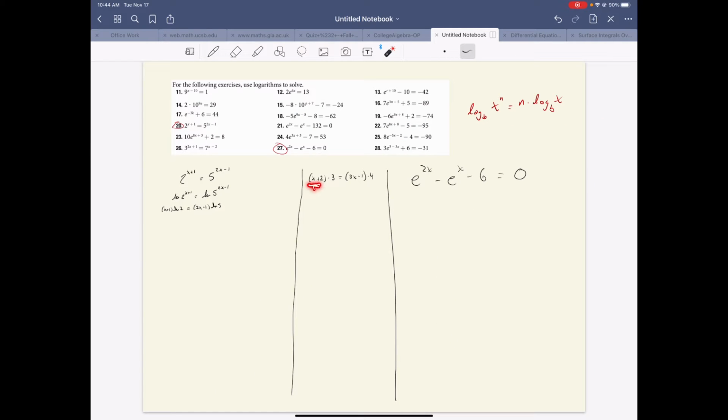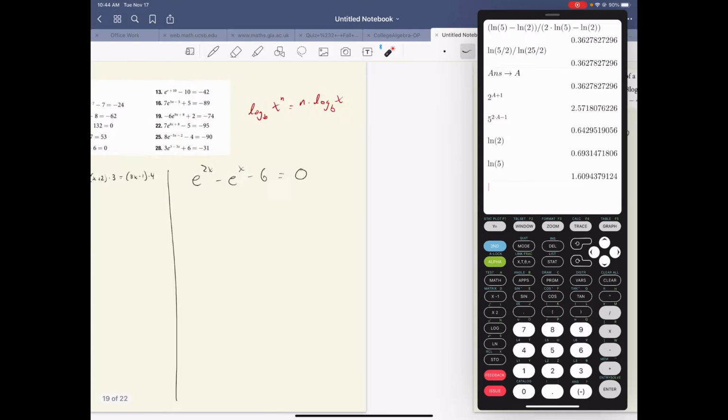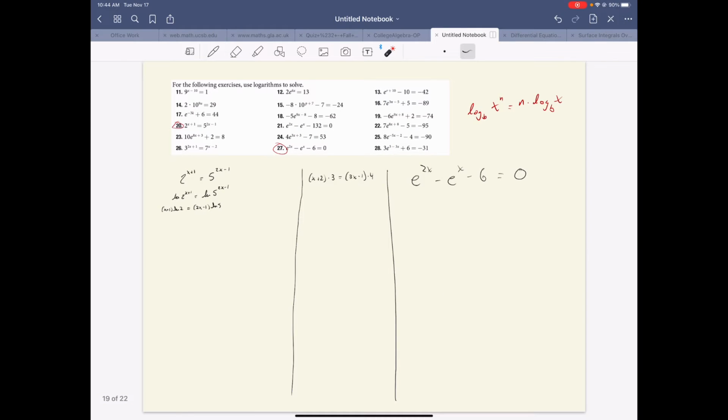Notice I have an x plus 2 times, and that's a number, and then 3x minus 1 times, that's a number. Over here, I've got x plus 1. ln 2 is a number. And ln 5 is also just a number. And so, over here, that's just a number and that's just a number, just like 3 and 4. But they don't look as nice as 3 and 4.